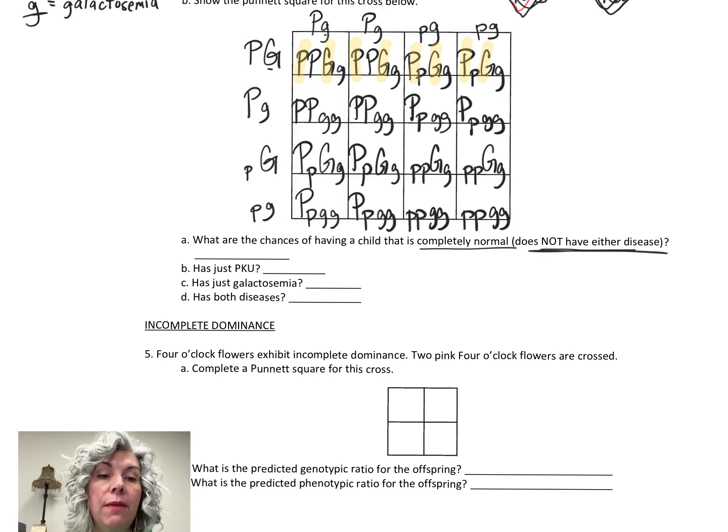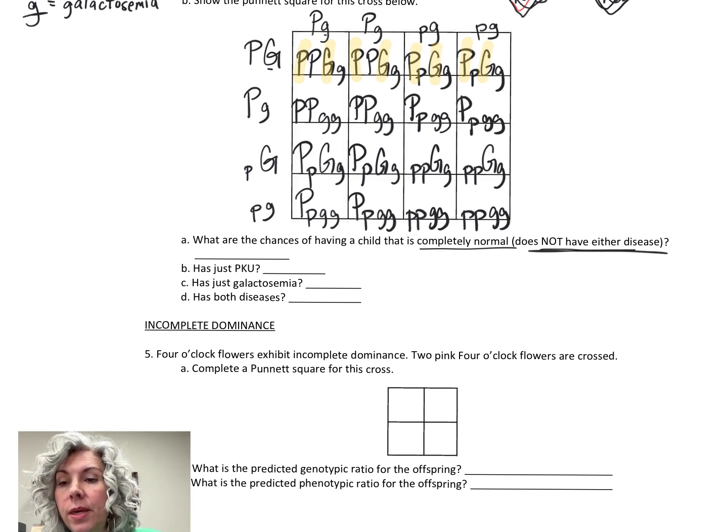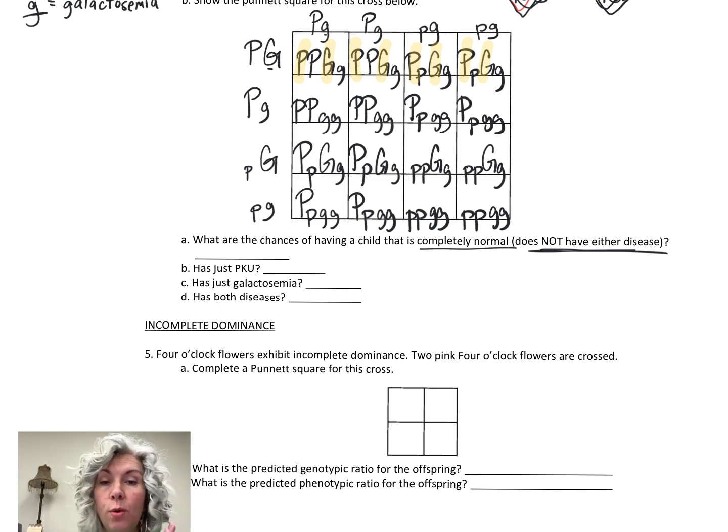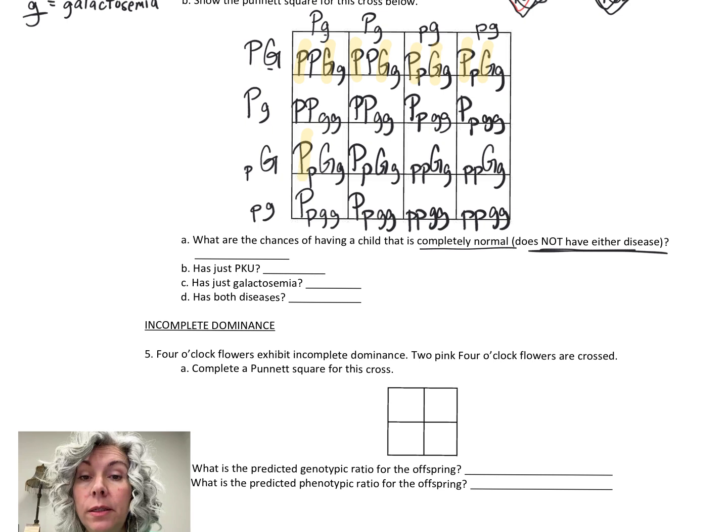There I am. Does not have either disease. Okay, so I'm not going to select anything with lowercase g's. Those are not normal. Here's another set. Here and here, here and here. Nope, not doing the lowercase p's because they've got PKU. Not doing that. Not doing that. That's it. That's all I got.